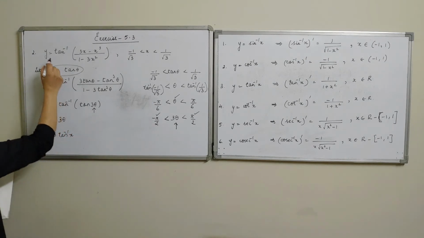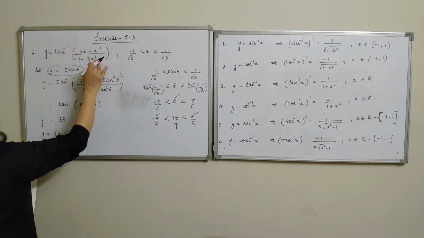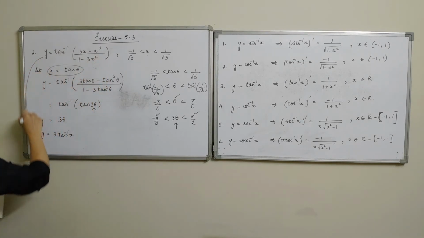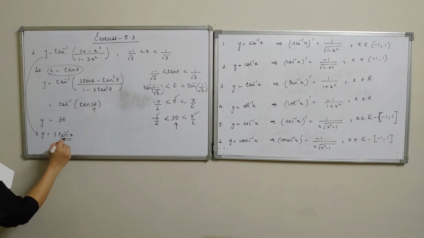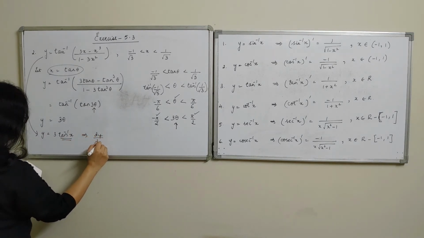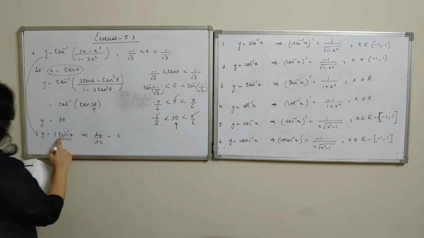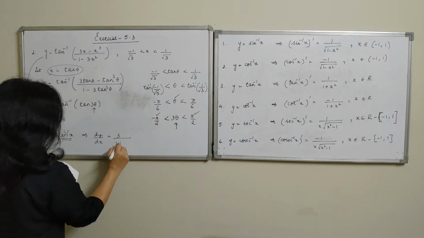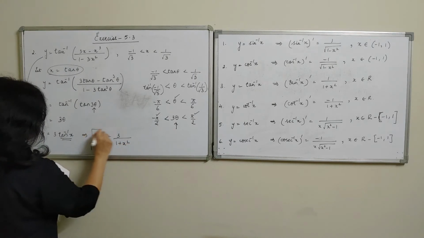So now you can see this complicated function where we had a composite inverse trigo function, with this substitution converts to a standard trigo function where differentiation is easily possible. 3 times derivative of tan inverse x, the result is there. So we know it is 3 upon 1 plus x square.